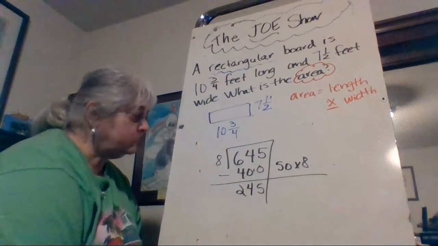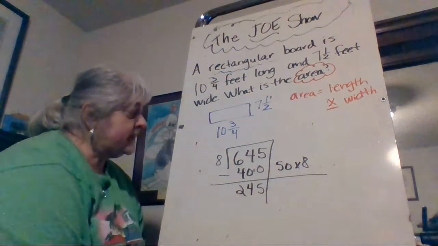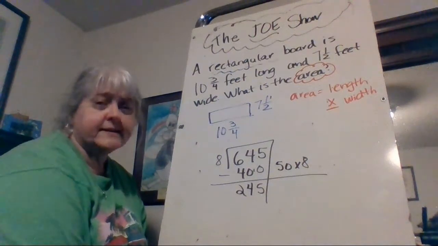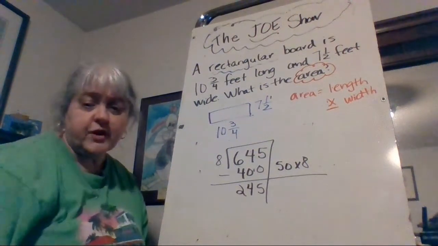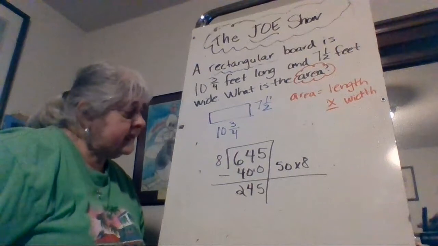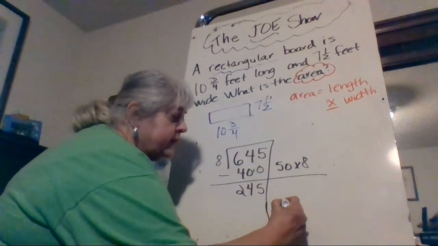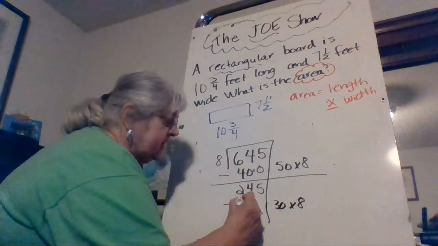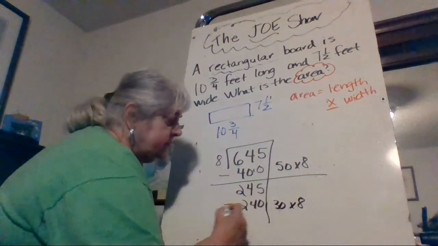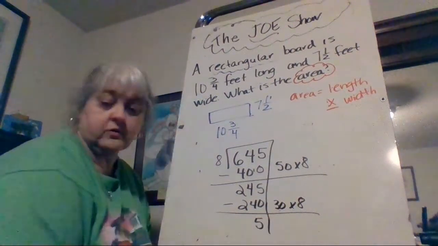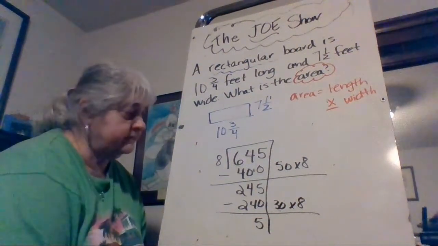Okay? I'm going to use what I know about 8 times 3 is 24. So 8 times 30 would be 240. So now I'm going to take out 30 groups of 8 and subtract off 240. And I have a remainder of 5. Okay?